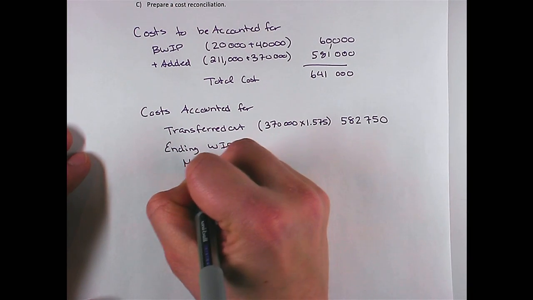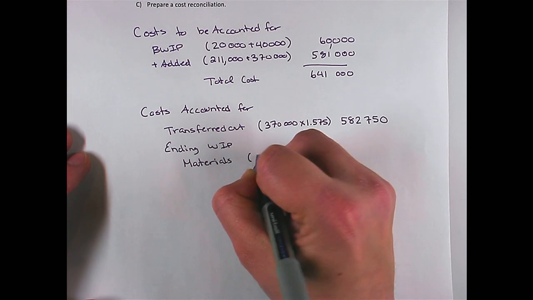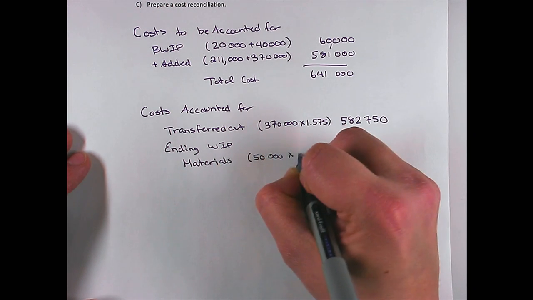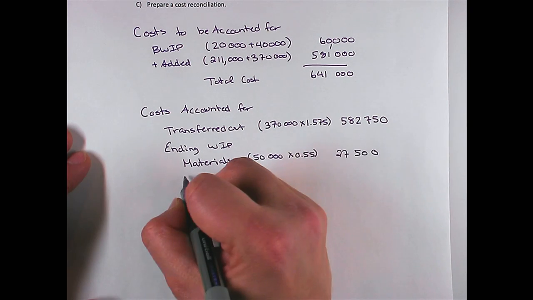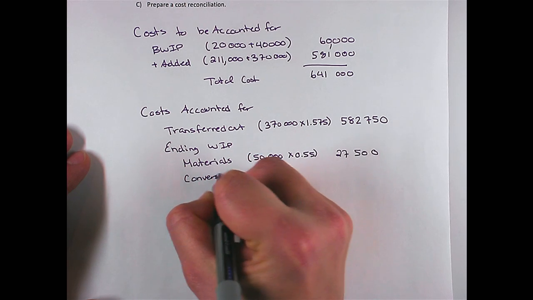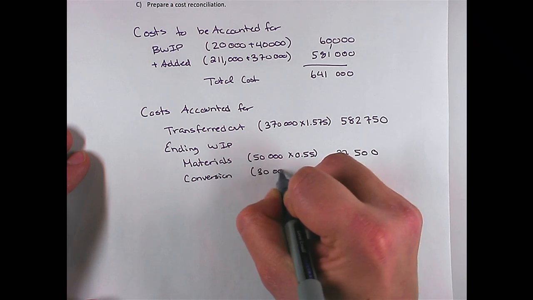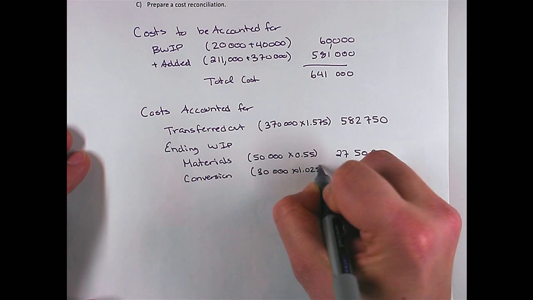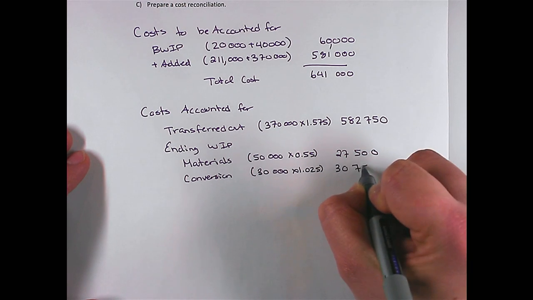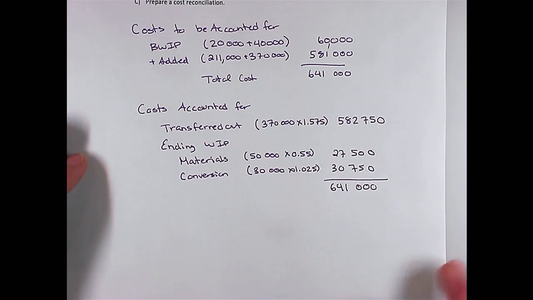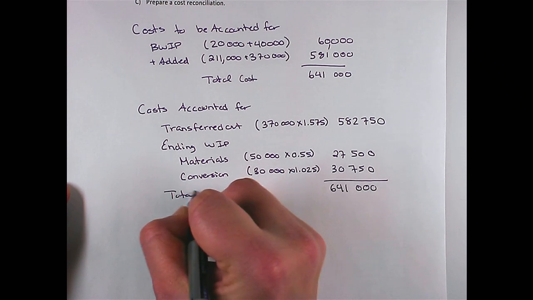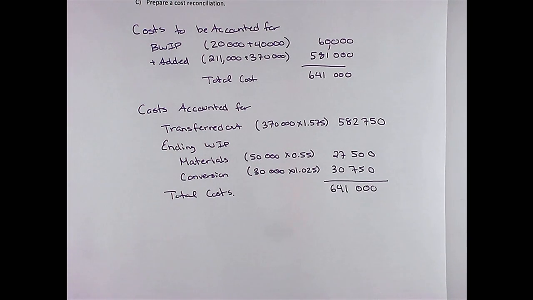And so for materials, as we just did, that was 50,000 times 0.55. And for our conversion, it was that 30,000 times 1.025. And if you didn't make any mistakes, you've got the same total costs under each one. Questions there?